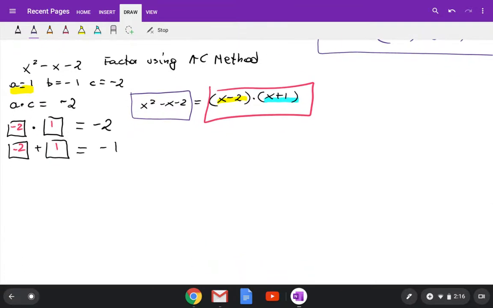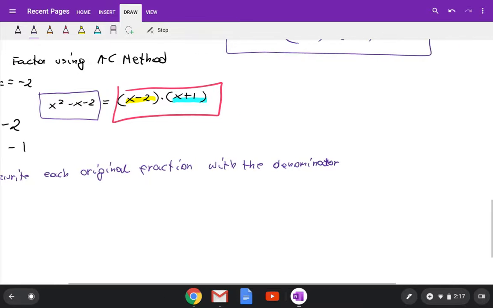Next, rewrite each original fraction with the denominator equal to the LCD.